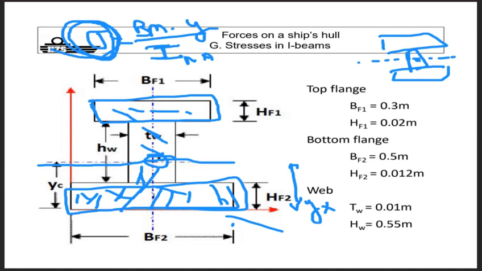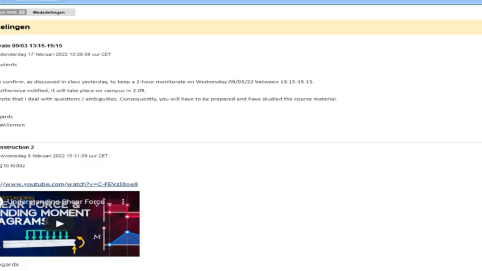The further away you are from the neutral axis, the higher your stress level. So if you go back to ship construction 1, you see that the evolution of your stress level is like this: it goes up, up, up.